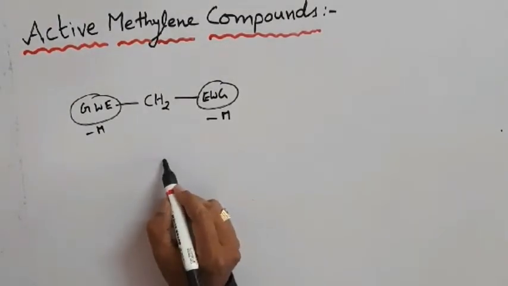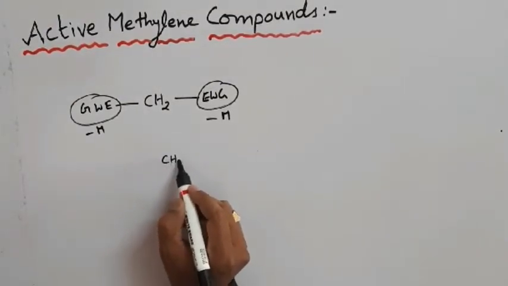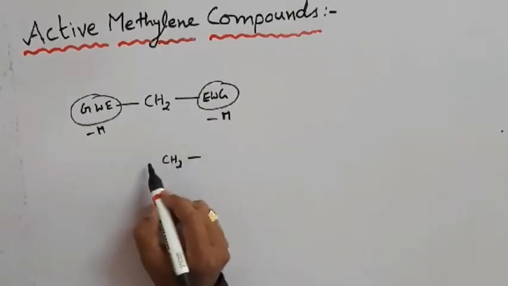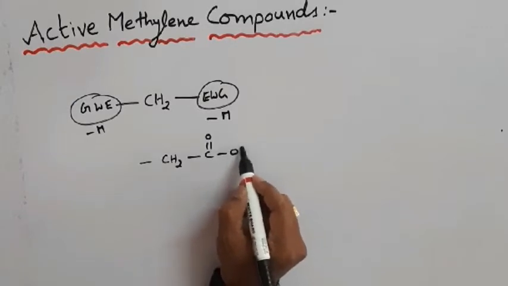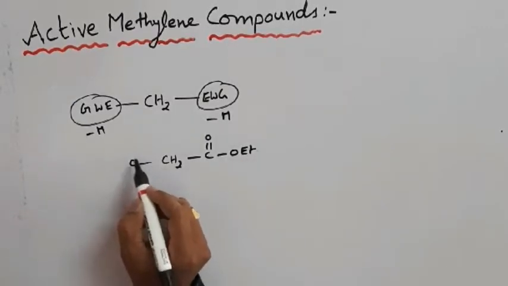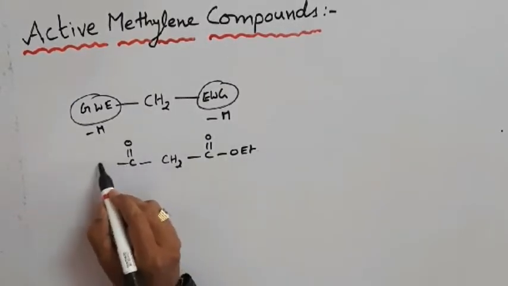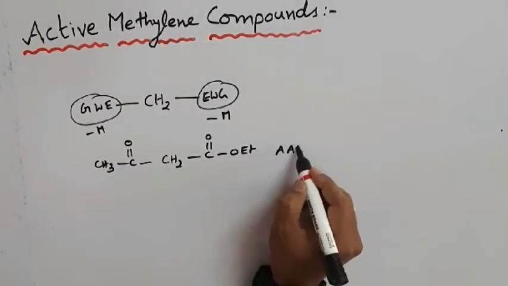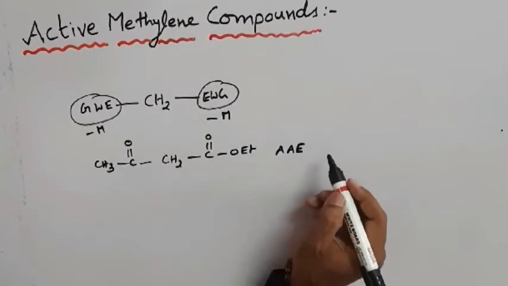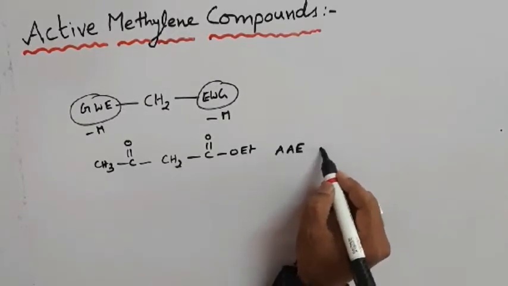Let me write few examples of active methylene compounds. One is acetoacetic ester, the other one is malonic ester. OEt, C double bond O, CH3. This is our acetoacetic ester, which is also called as ethyl acetoacetate.